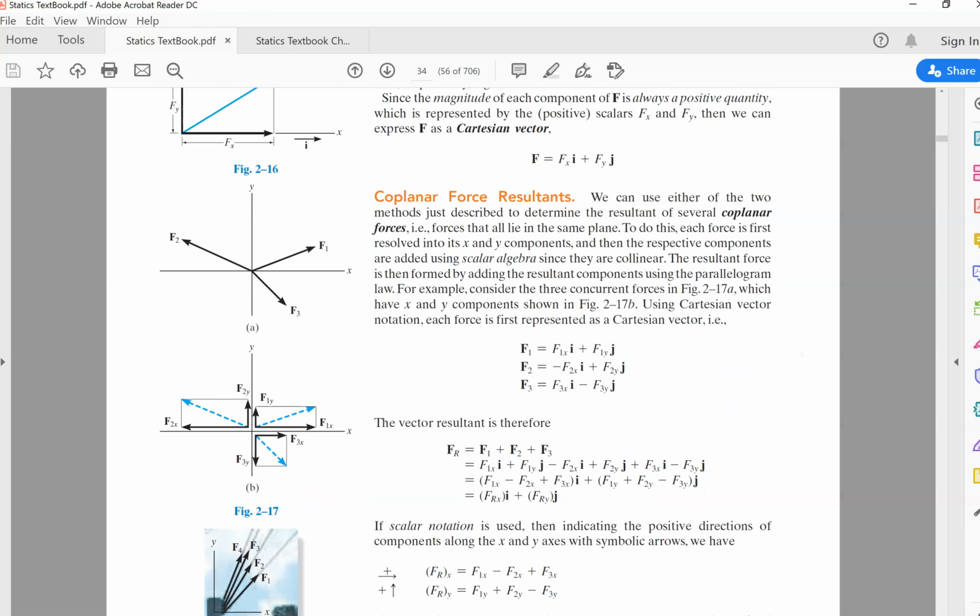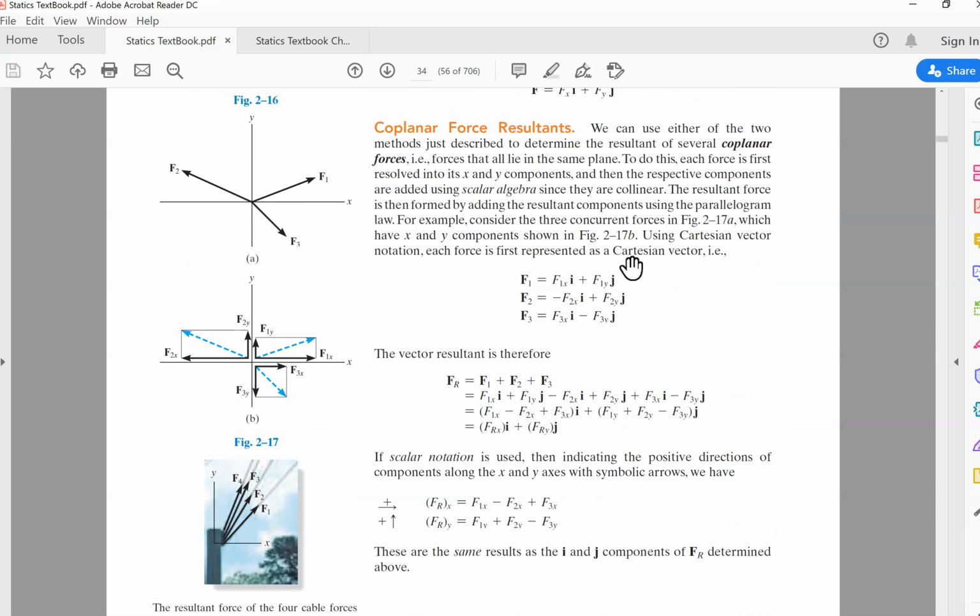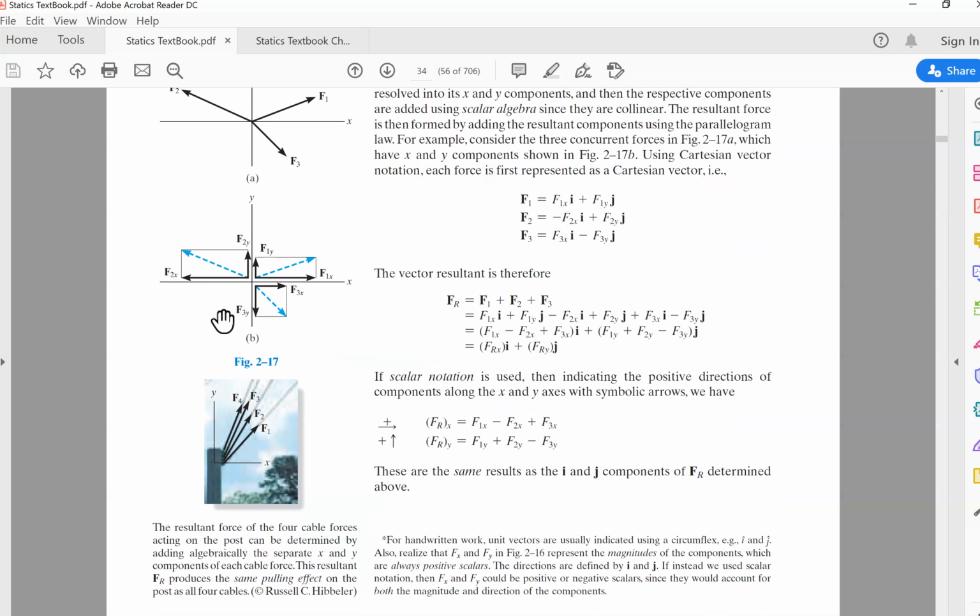Okay, so for the coplanar force resultant, if you look here, can you see how they have solved it? You can break it up into your F1, F2, and F3. This is the question. You can break it up into F1x, F1y, F3x, and F3y, and we have F2x and F2y. Then you add up all the x together and the y together.